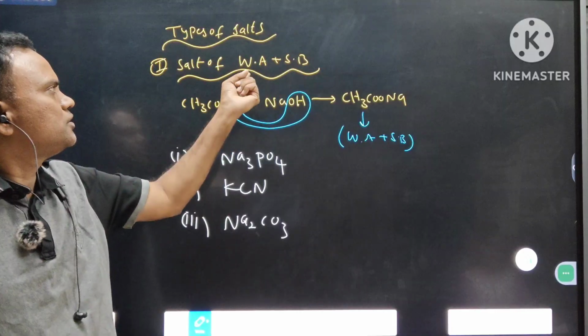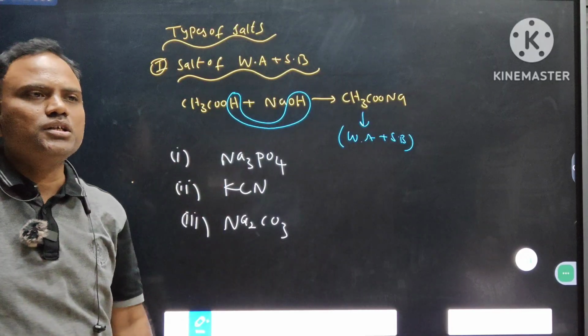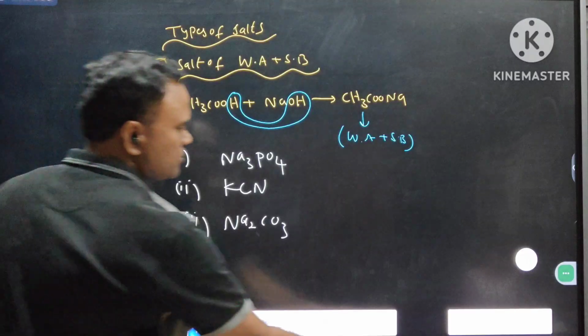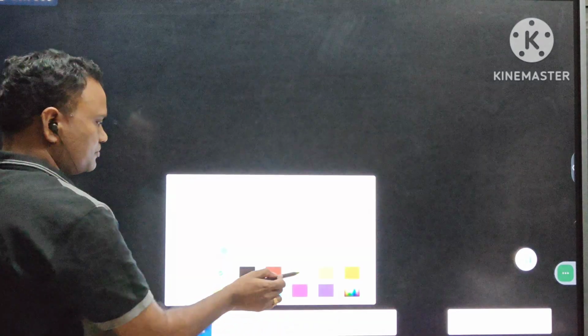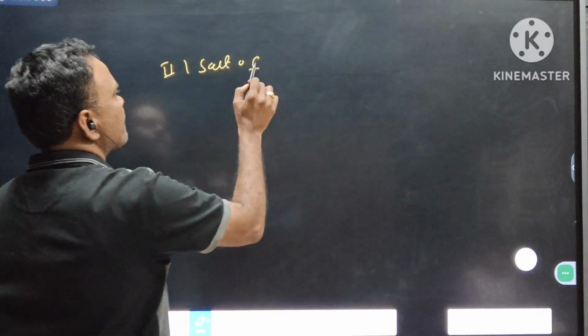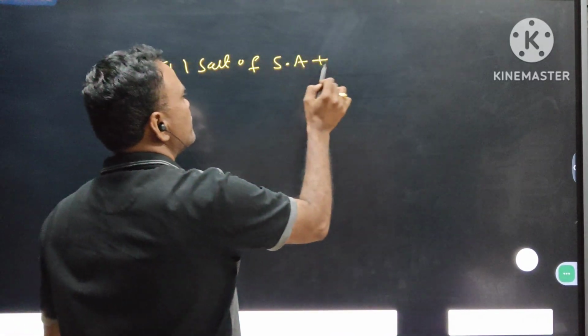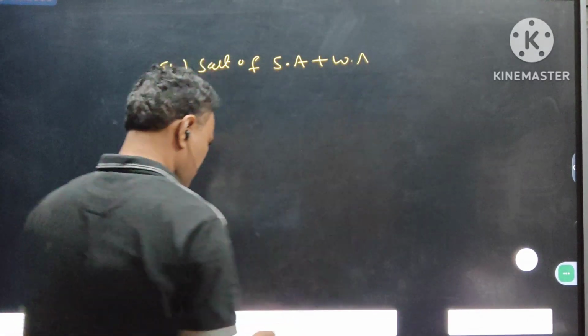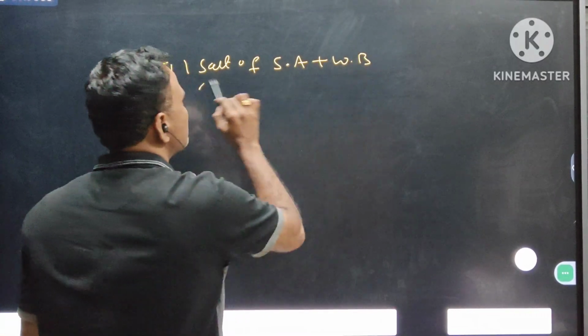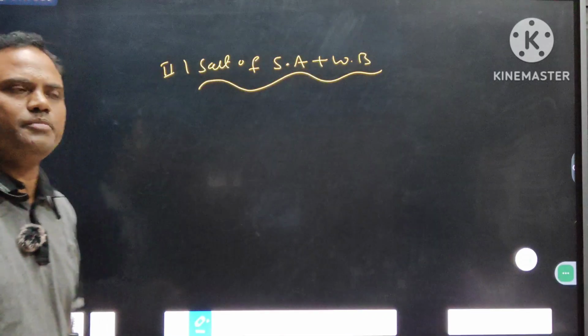Next, strong acid, weak base. Roman number 2. Salt of strong acid plus weak base. This is also important. Salt of strong acid and weak base.